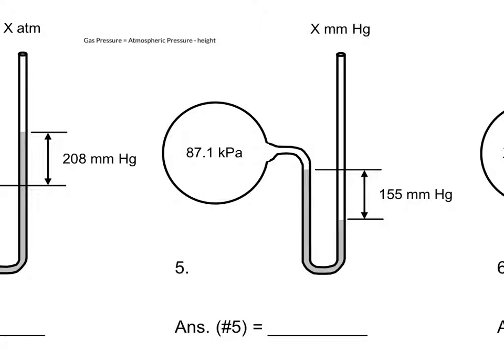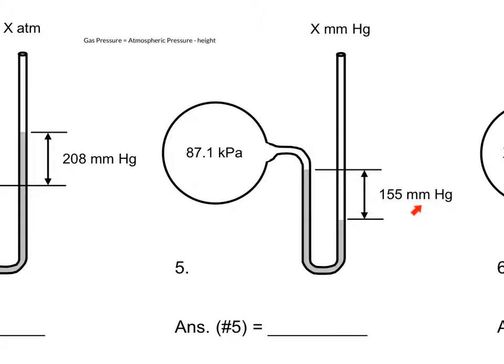This being the case, I am going to use my equation that describes this case, which means that I'm going to be subtracting the height of our mercury column from the atmospheric pressure in order to find the gas bulb pressure. So I have an equation, but I notice that I must use the unit millimeters of mercury for my final answer.